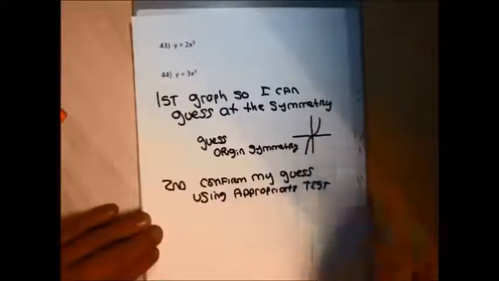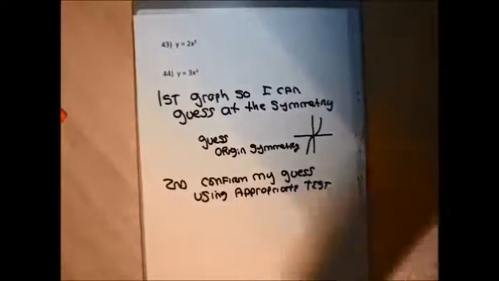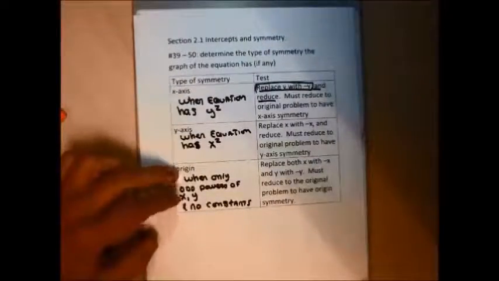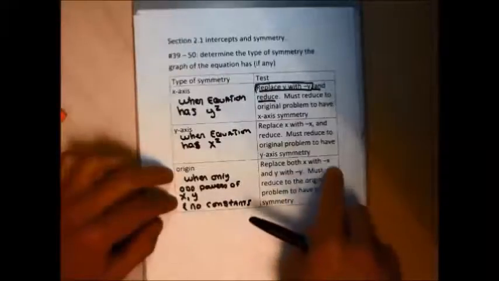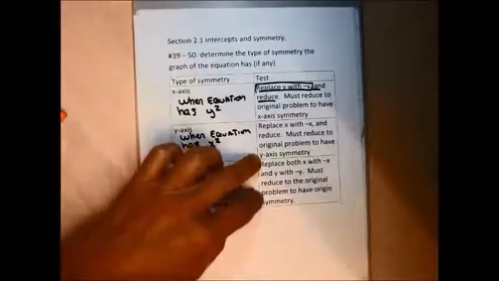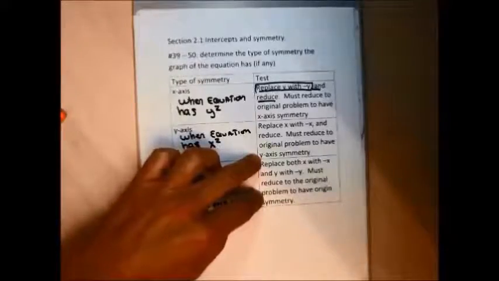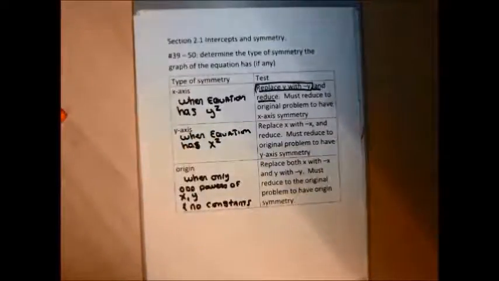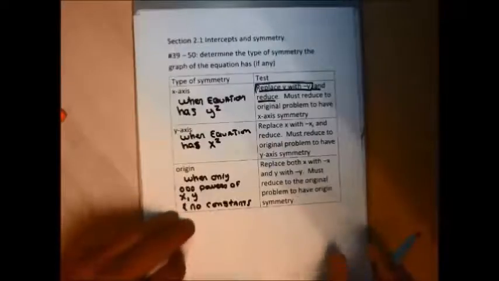And the tests shouldn't be shocking, because at the beginning of this video, when we plotted the points of symmetry, to get the point of symmetry with respect to the origin, we changed the sign on both the x and the y. The test that we need to do for origin symmetry is the most complicated. We need to take the original function, change the x to negative x and the y to negative y, and then we have to do a little bit different reducing to get it to go back to the original problem.